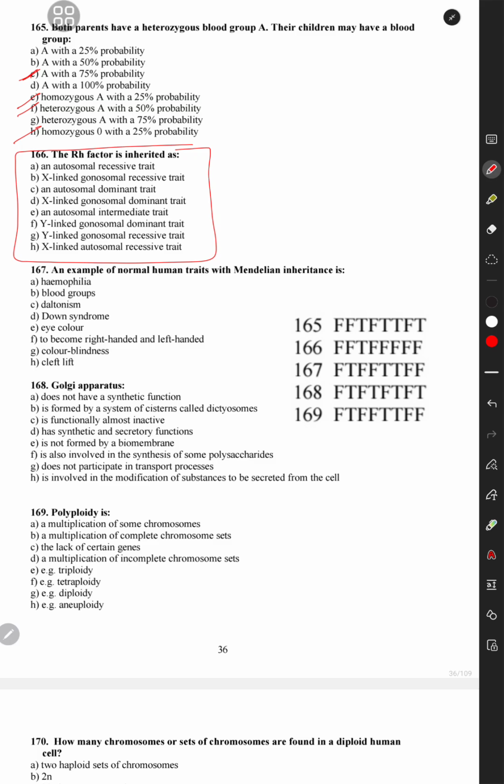Example of normal human traits with Mendelian inheritance. Hemophilia, blood groups, daltonism. And 67. False, true, true.